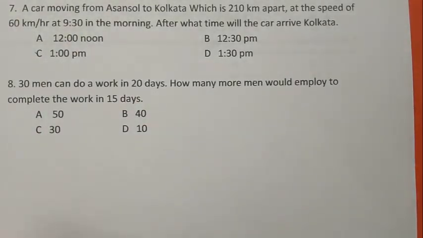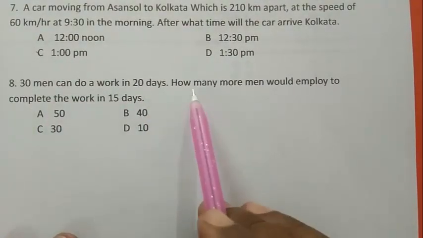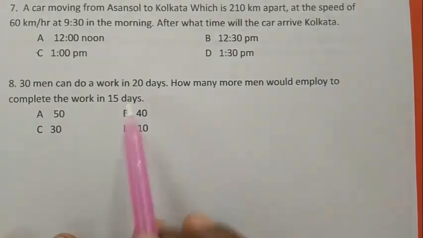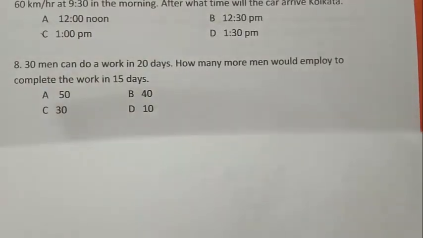Question number 8. 30 men can do a work in 20 days. How many more men would be employed to complete the work in 15 days? First, we calculate it by the unitary method.